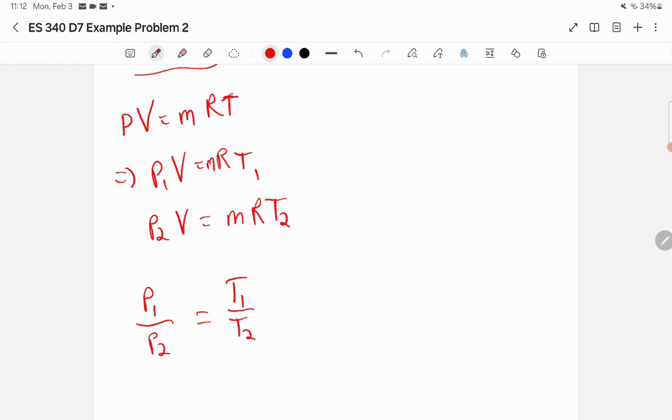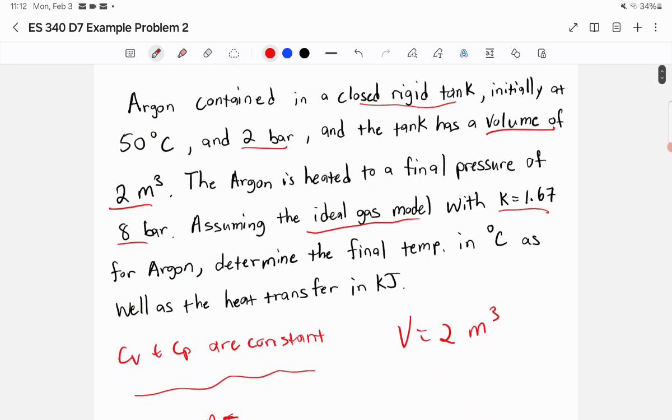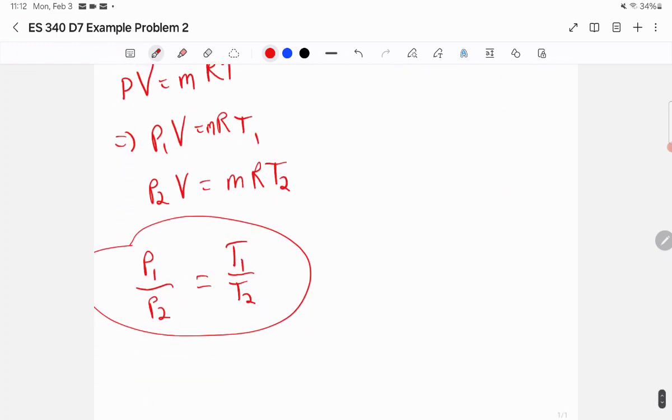Again, this is because it's an ideal gas, because the volume is constant, right? Because of that being the case, this is what we get, okay? So that makes it kind of easy to solve for the second temperature, the final temperature, which was one of the things that we wanted to look for.